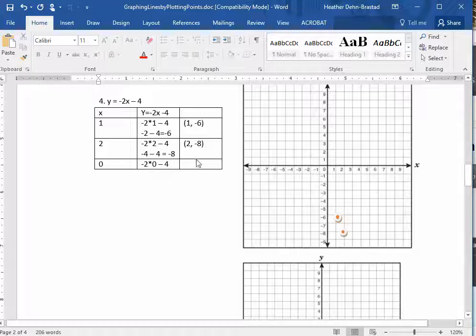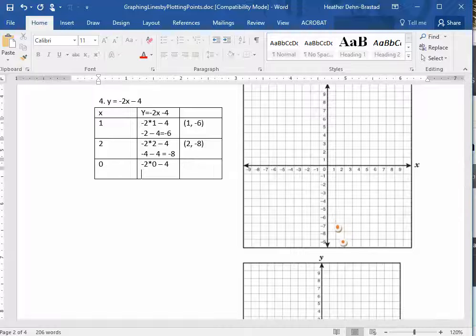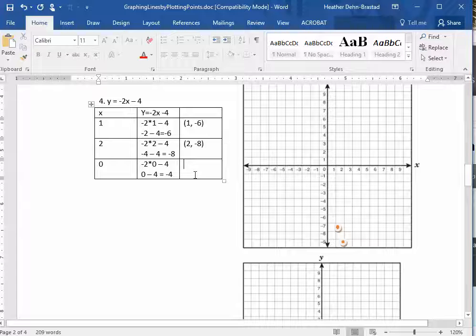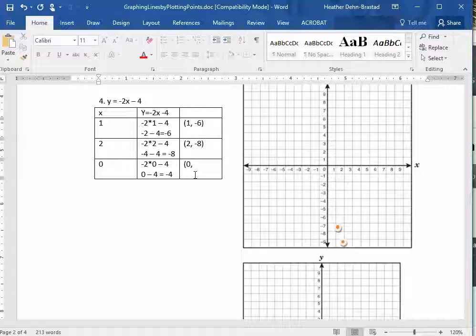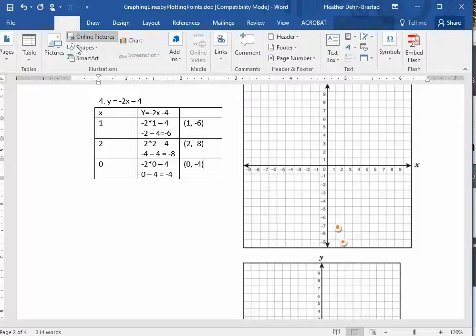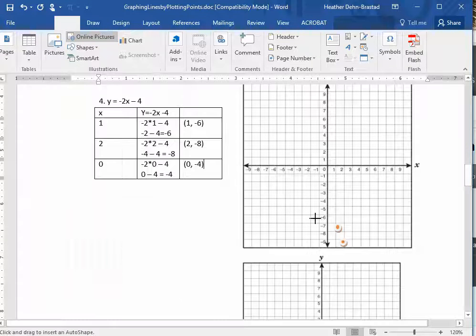And negative 2 times 0 is 0, and 0 minus 4 is equal to negative 4. So this coordinate point will be 0, negative 4. So that means, let me get another point, even though they're kind of bad. I have to go over 0 on the x-axis and down to 4.